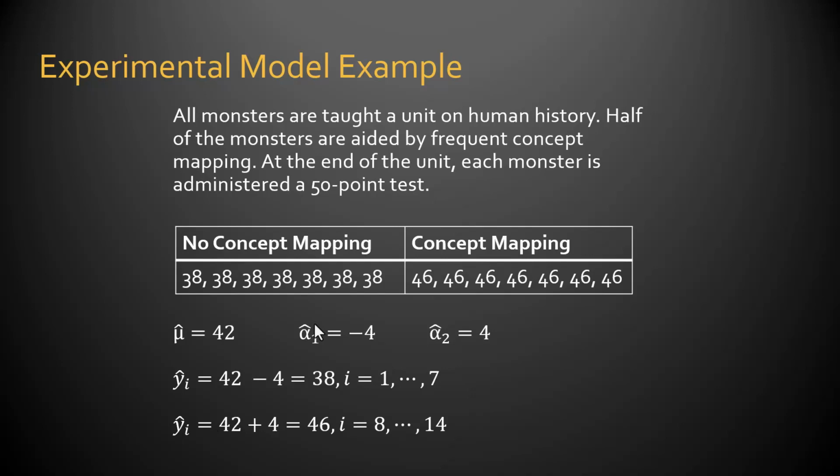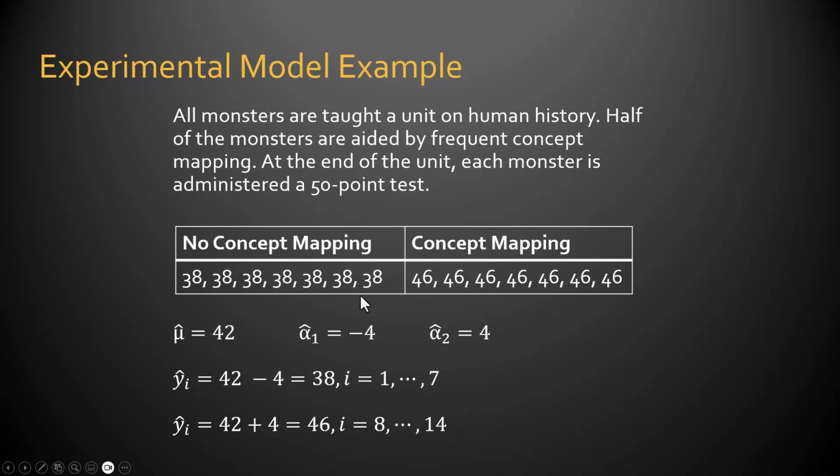So really, whether you get a negative or a positive number isn't indicating whether or not there's any effect of being in that condition. It's indicating what that effect is relative to the average. So these monsters are 4 below average, whereas on the 46s with the concept mapping, 46 is 4 above 42. So these monsters have this effect of 4.